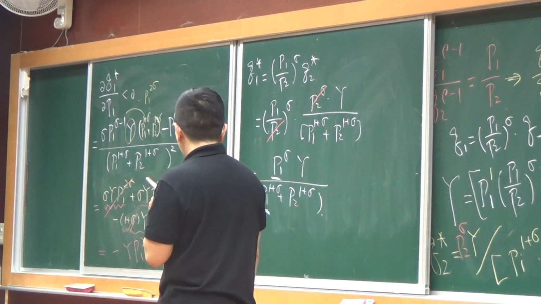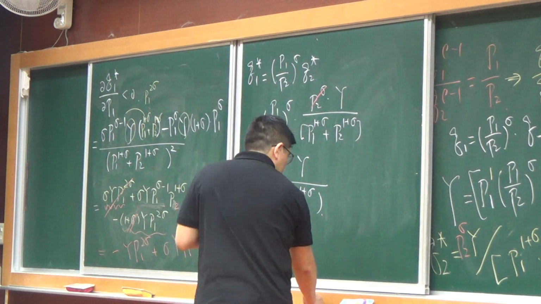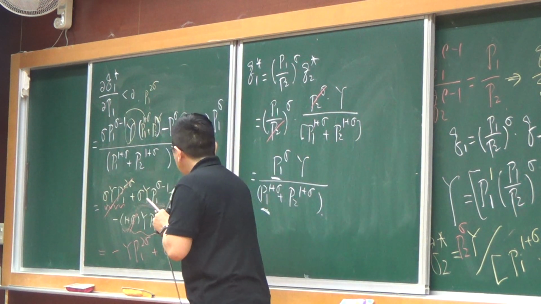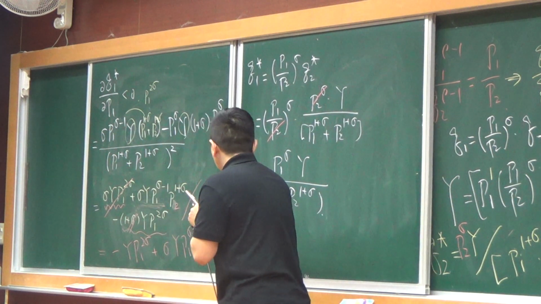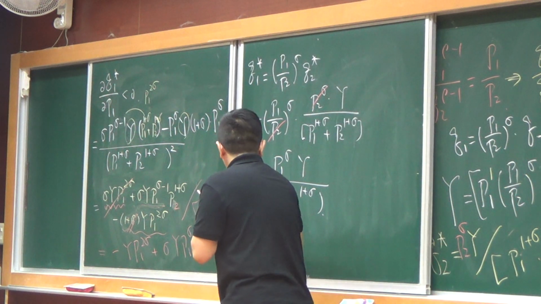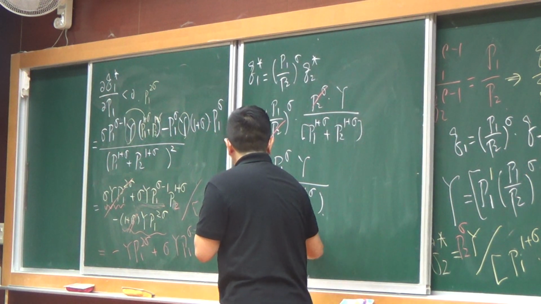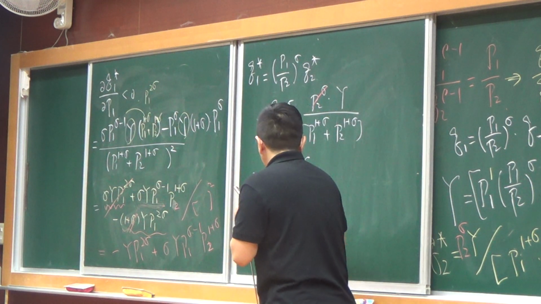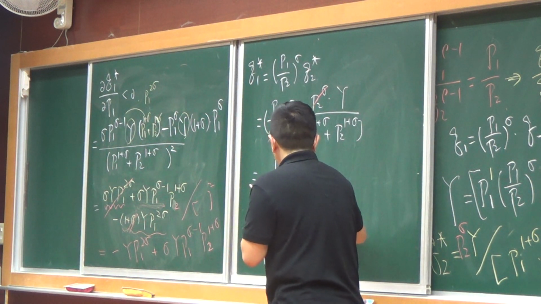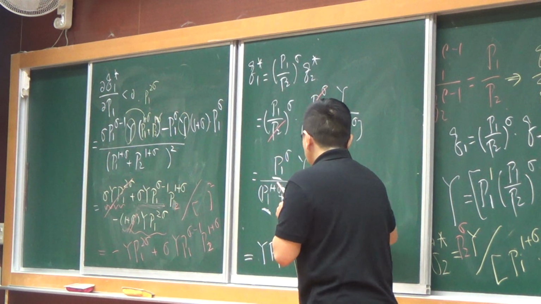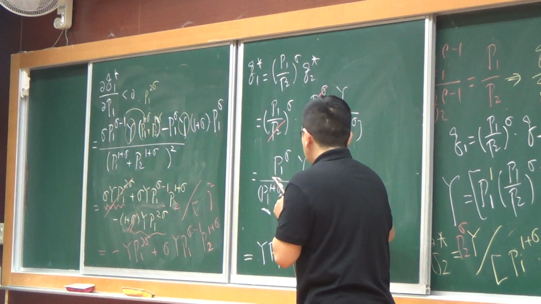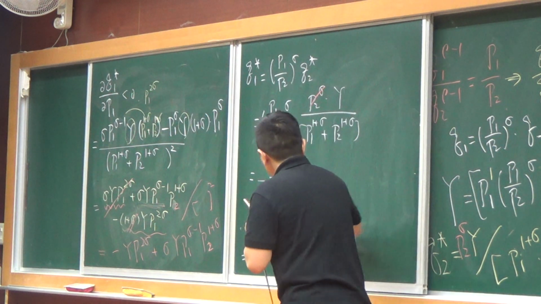And we can do something here. What can we do? Let me rearrange this term into here. We may have y and P1 sigma minus 1 and negative P1 1 plus sigma plus sigma. Actually, we don't have to do this. Sorry.